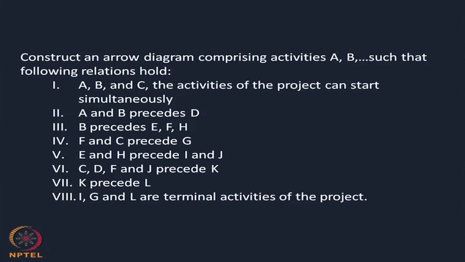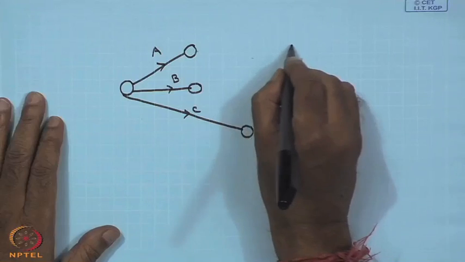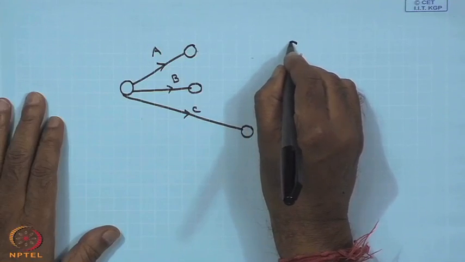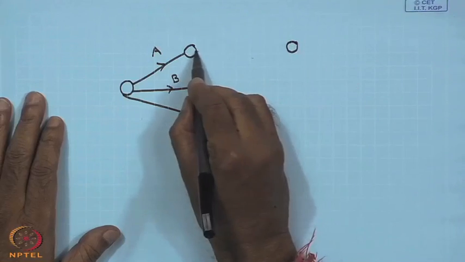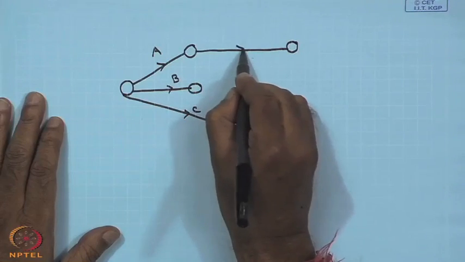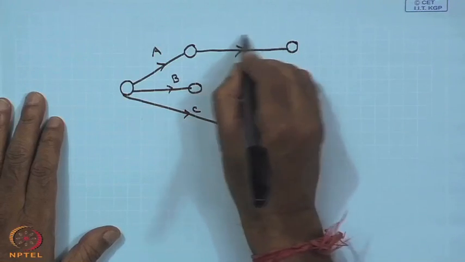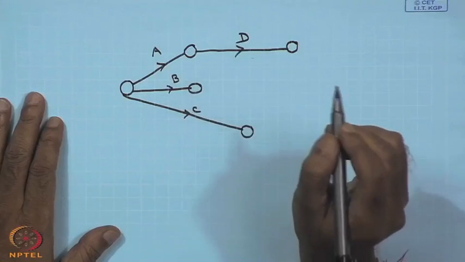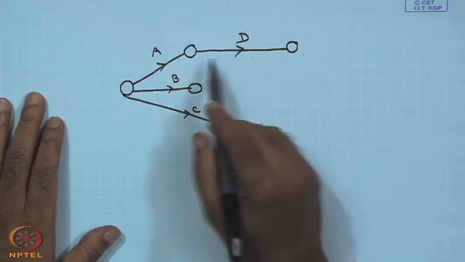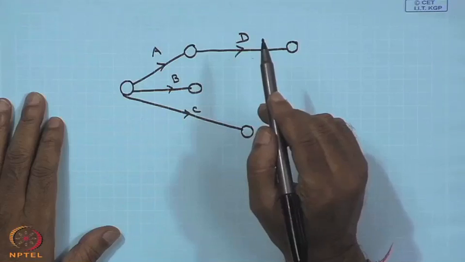The point number 2 is A and B precede D. That is, before starting the activity D, A and B must be completed. Suppose this is D. What was the point number 2?